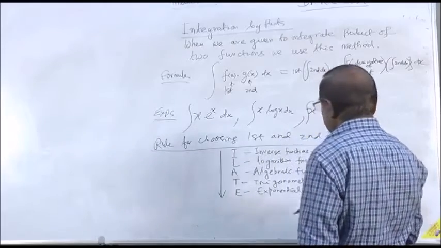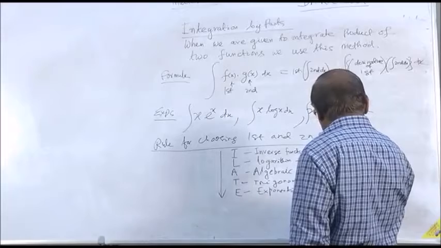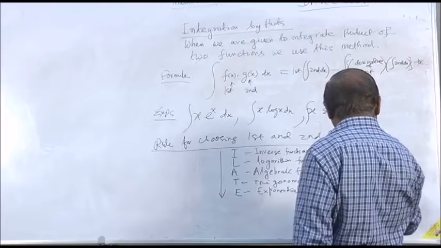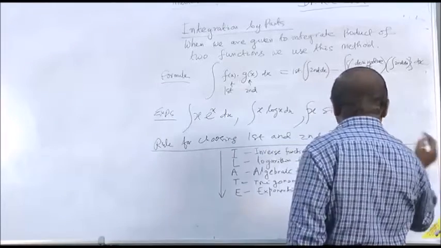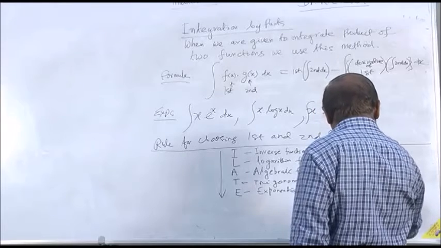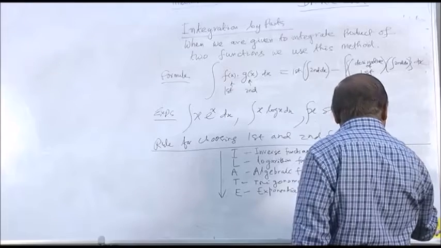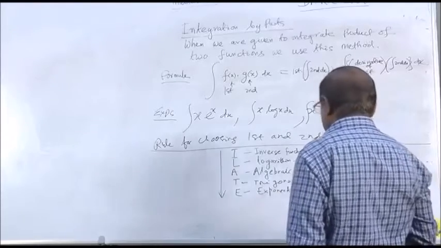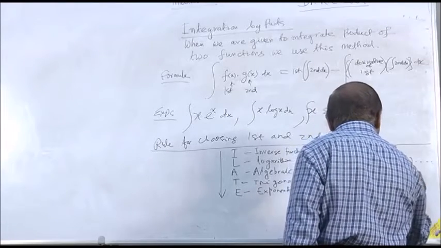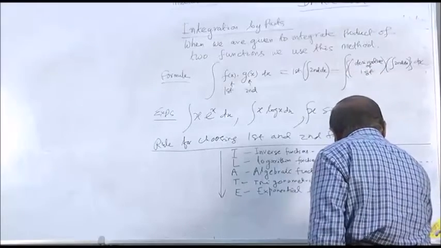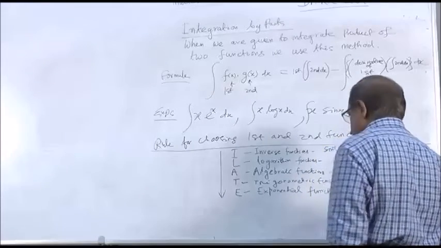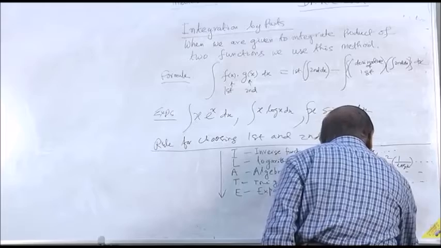Let us see. Inverse functions are these: sine inverse x, cos inverse x, all these inverse trigonometric functions. And the logarithm function is like log x, log x square, and 1 by log x, like this. Algebraic functions will be like x square, x cube, and so on. Simple trigonometric functions are all six: sin x, cos x, tan x, and so on. Exponential functions are e to the x, a to the x, and so on.